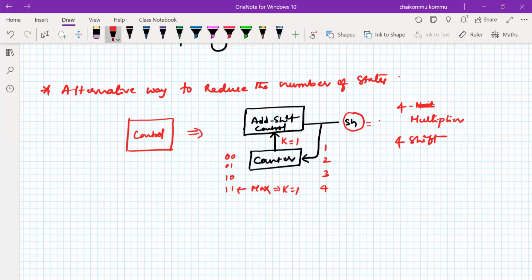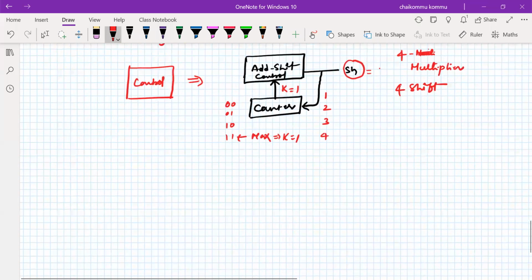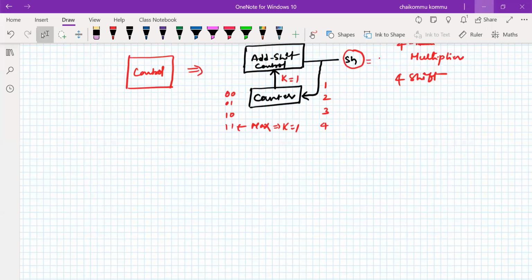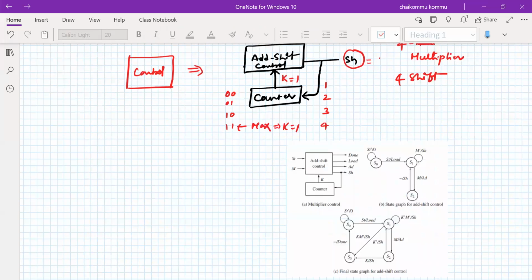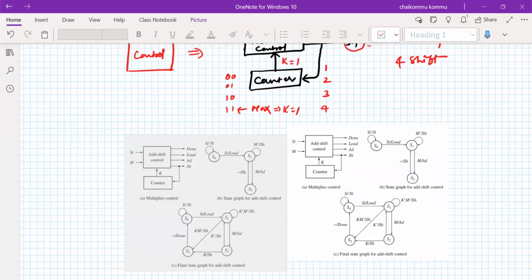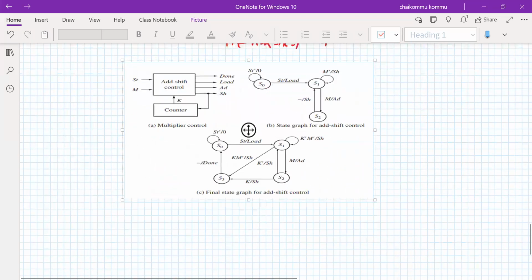Okay, so let us do this one in an effective manner with the help of a diagram. I can draw all these things, but for the lack of time, I'm doing it this way.